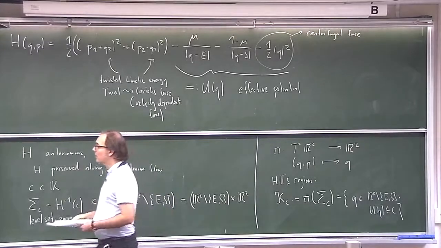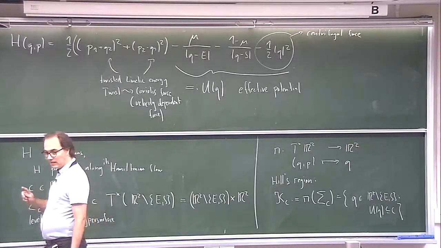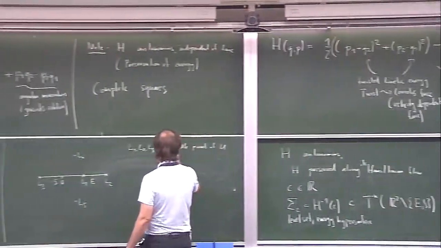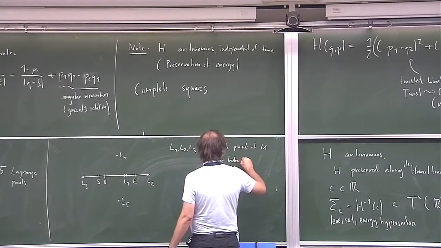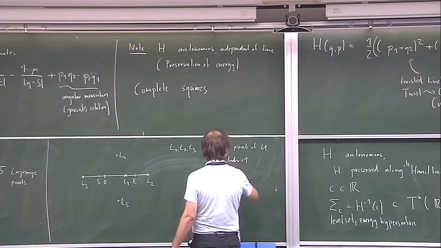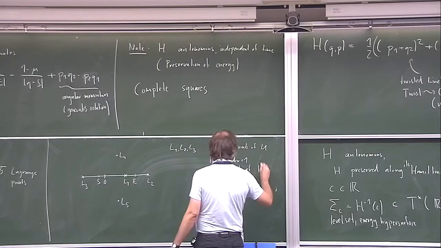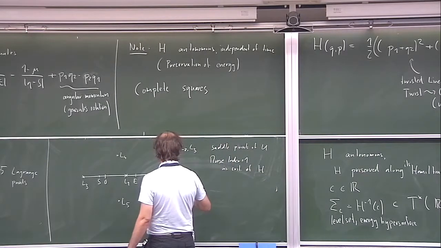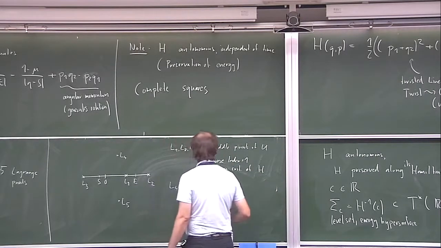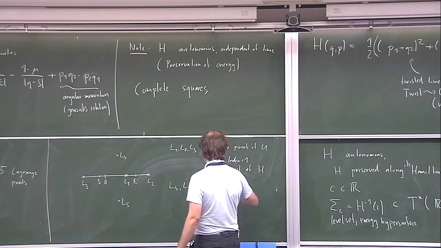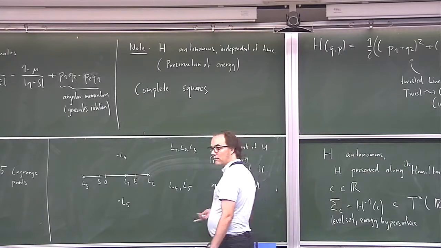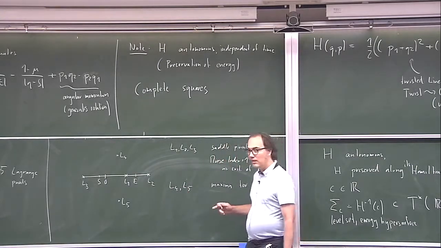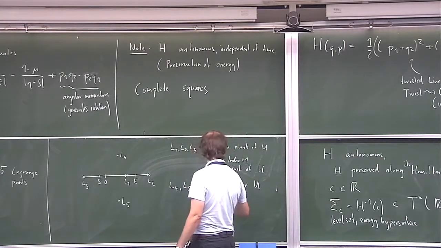So they have Morse index 1 as critical points of U, and Morse index 1 as critical points of H. And L4 and L5 are maxima for U, or have Morse index 2 as critical points of H.